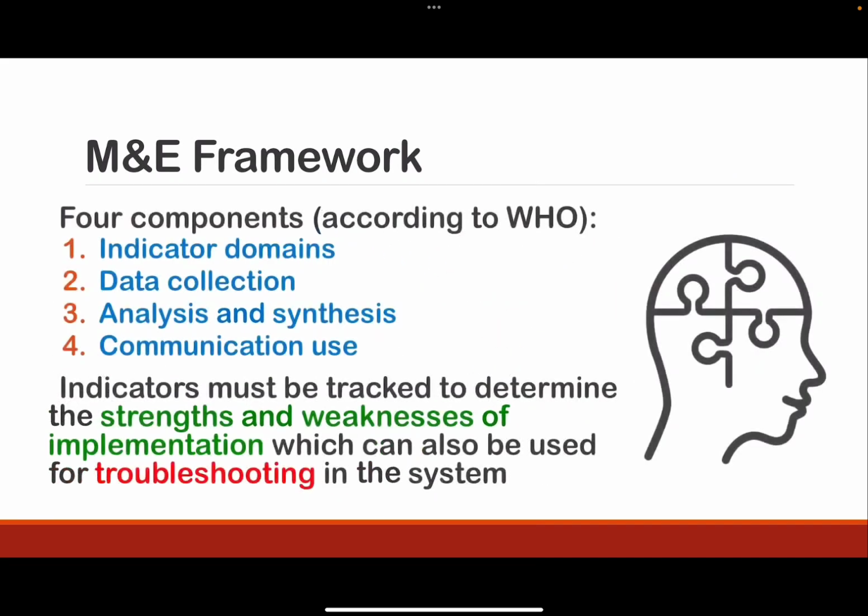So, yun. The 4 components of your M&E framework, according to World Health Organization, are indicator domains, data collection, analysis and synthesis, and communication use. So, indicators must be tracked to determine the strengths and weaknesses of implementation. So, di ba, again, kung may kag-indicators sila tong determinants.